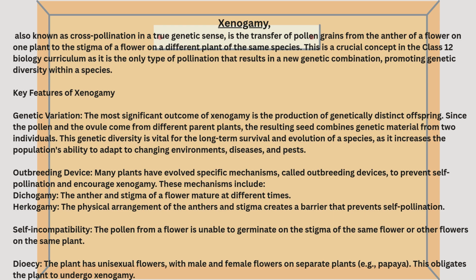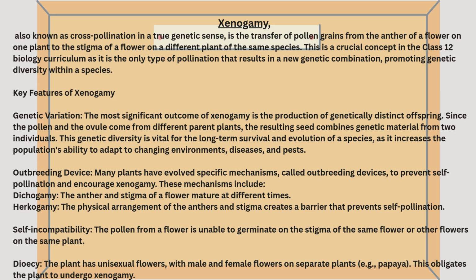Dichogamy means the anther and stigma of a flower mature at different times. The next one is hercogamy. The physical arrangement of the anther and stigma creates a barrier that prevents self pollination. The next one is self incompatibility.